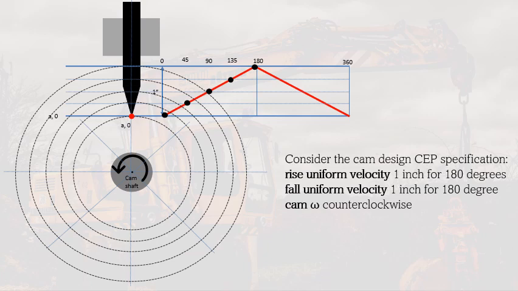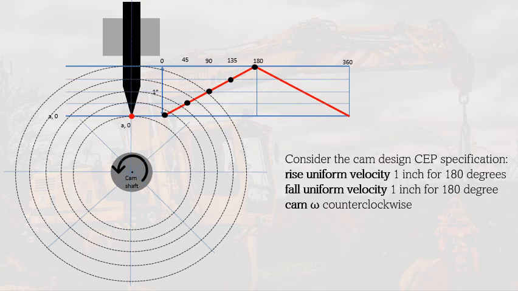For 45 degrees, as you can see, since this shaft rotates counterclockwise, the right side of this profile will be the first that will be touched by this knife edge. That's why we will draw the next point towards the right side, opposing the counterclockwise direction.